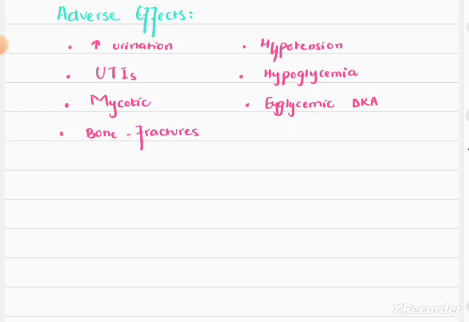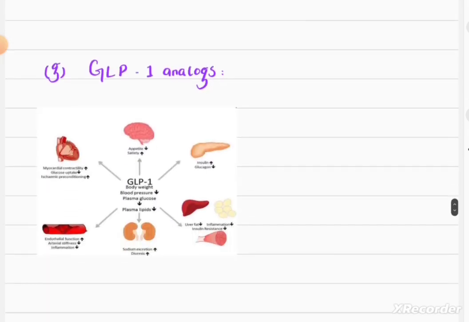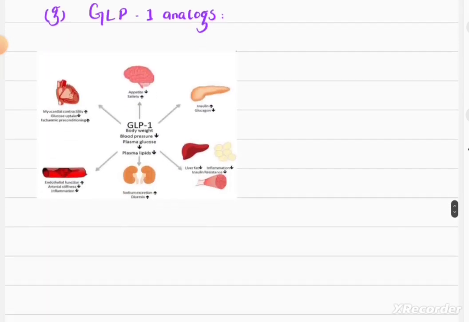And the next class is GLP-1 agonists. These GLP-1 agonists are synthetic analogs of the human GLP-1. What GLP-1 does is it binds to the GLP-1 receptors, and it results in glucose-dependent insulin secretion and reduction in glucagon secretion, as we have already discussed in the DPP-4 inhibitors, because they have the same mechanism of action.